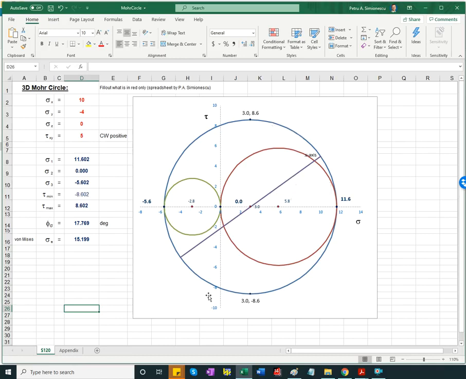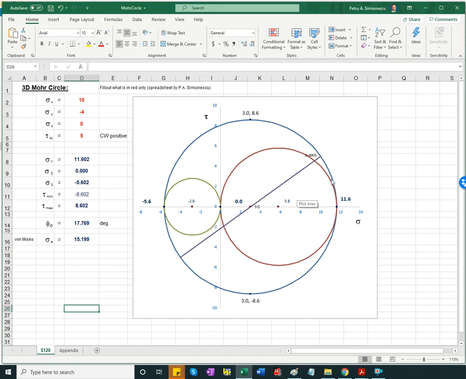Although the 2D circle is enough to calculate tau max, and the orientation of the principal element relative to the stress element, you need to rotate clockwise half this angle, and half the angle would be 17.769.